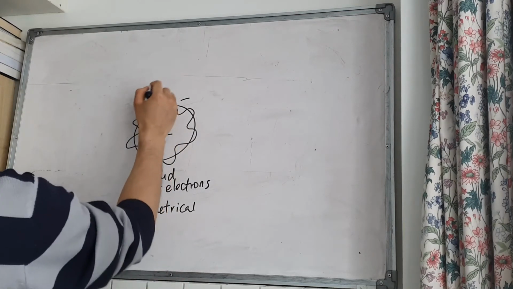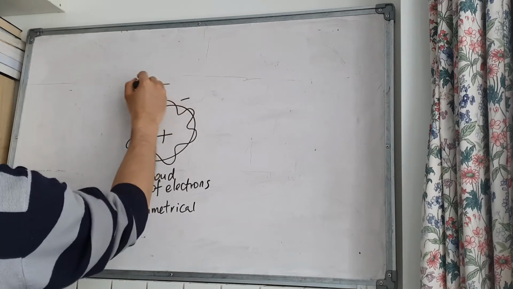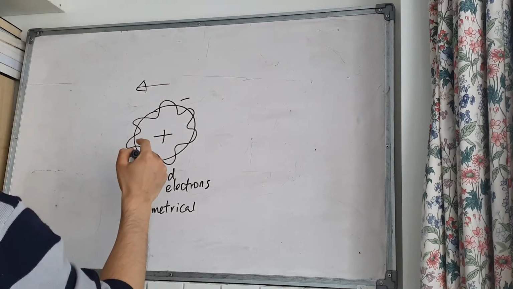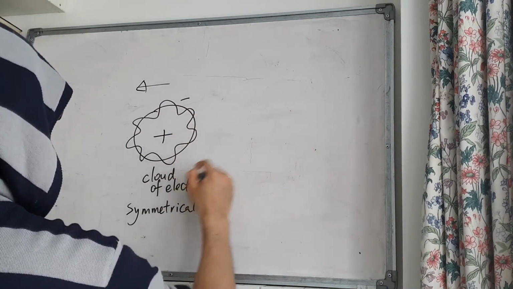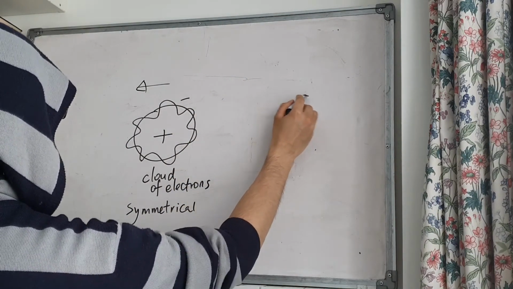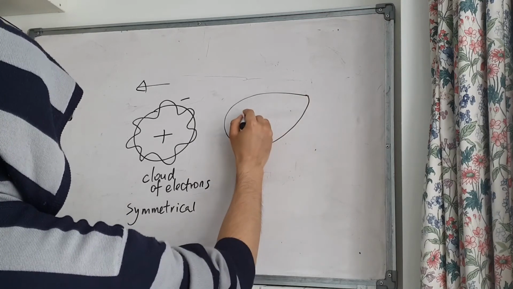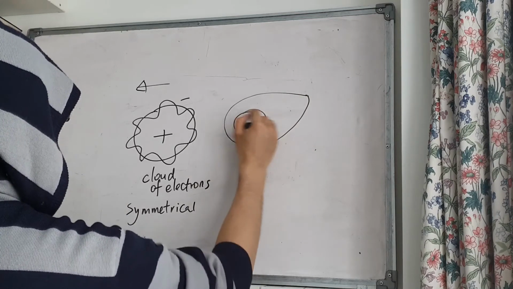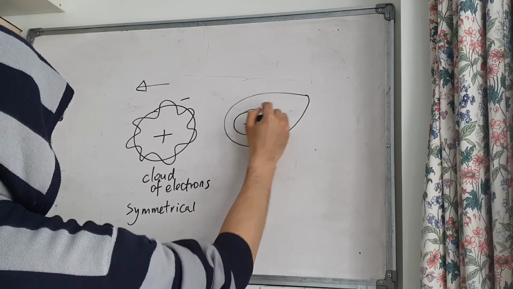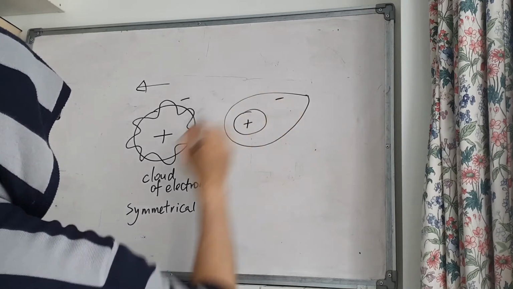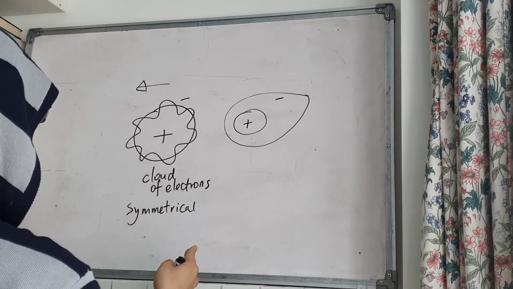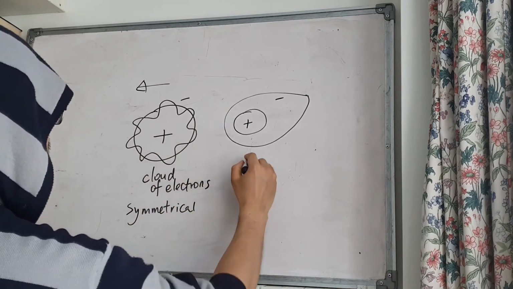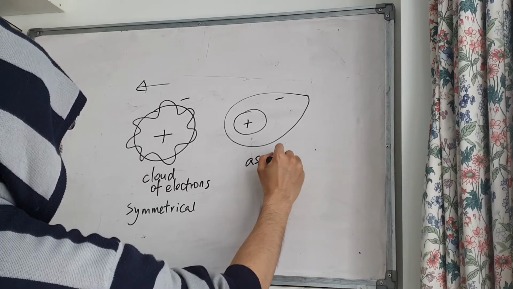However, if you were to rub, so let's just say you're rubbing in this direction, the cloud will be asymmetric. This is just my thinking, I'm not 100% sure, but it becomes asymmetric.